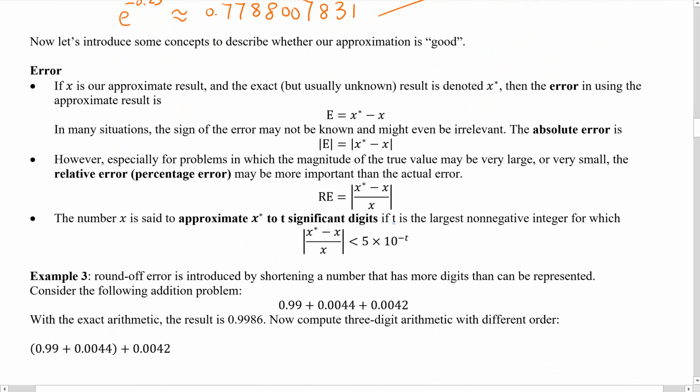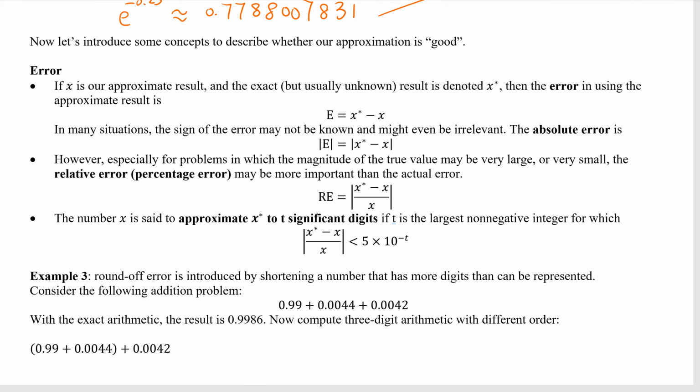Next, let's introduce some concepts to describe whether our approximation is good. This course is all about using different numerical methods to approximate, iteration techniques. So it's very important to figure out whether our approximation is good. That means we want to consider the error.